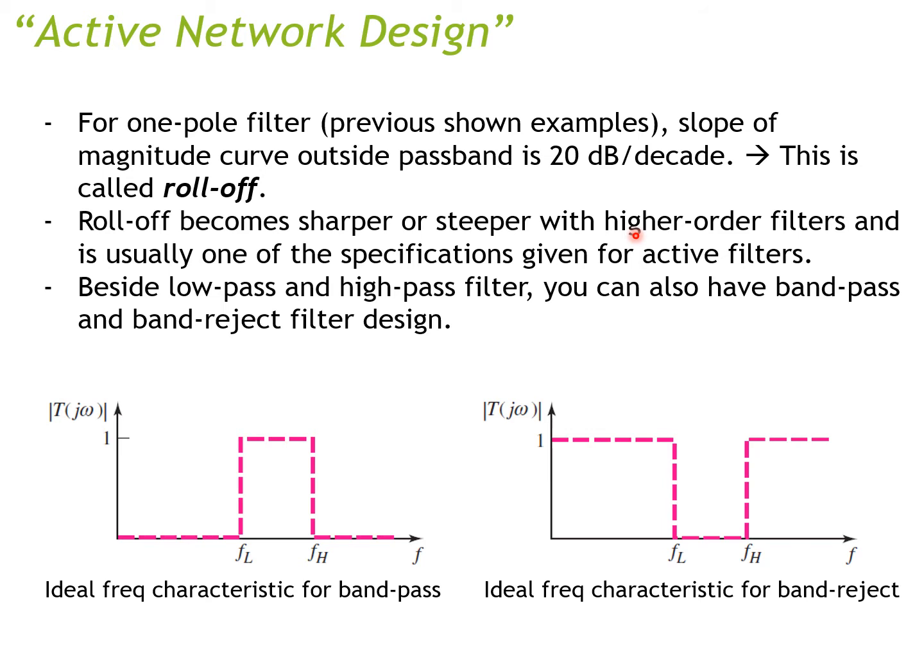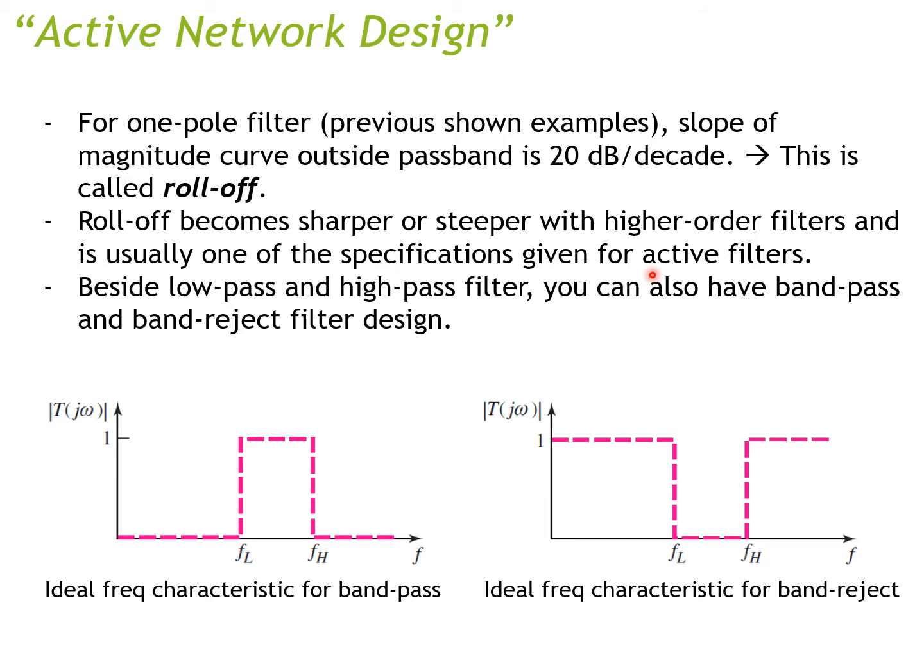That means a higher order filter will usually have a steeper roll-off. So let's say with 2 poles you're going to have 40 dB, with 3 poles you have 60 dB, and this is usually one of the specifications given for an active filter.